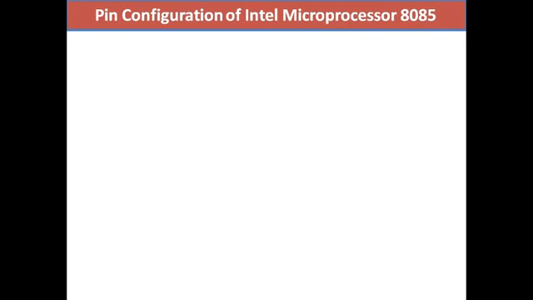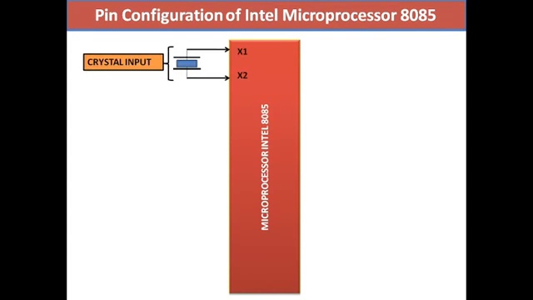Let us now try to see the pin configuration of Intel microprocessor 8085. Every microprocessor is made up of combinational and sequential circuits, and whenever we have sequential circuits, those circuits actually work as per the instruction set along with the clocks.